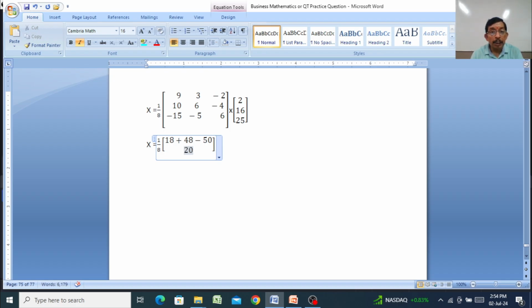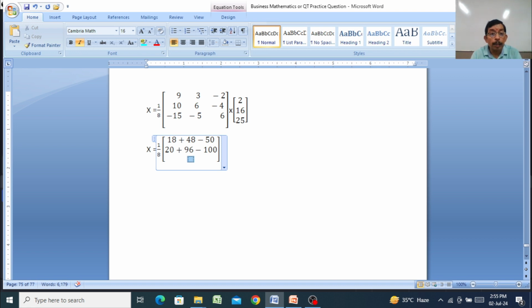Second row second element is 6 and the corresponding element in the first column is 16, then 16 times 6 is 96. Then taking the sign of minus, 4 multiplied by 25, the value is 100.